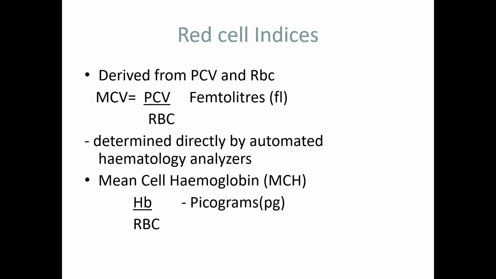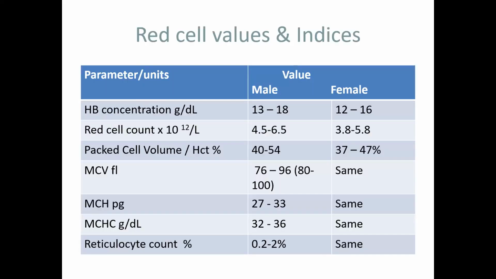Remember your hemoglobin concentration, the one we measured in grams per deciliter: this is the amount of hemoglobin in a deciliter of blood, okay? It is not the amount per cell; it is the amount of hemoglobin in a certain volume of blood.